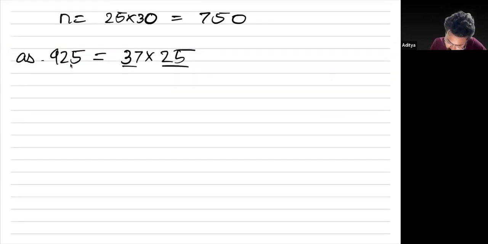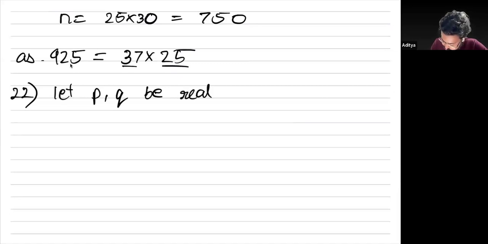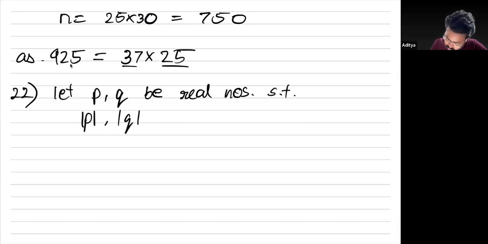Try the next question, 22. Let p, q be real numbers such that mod p less than 1, mod q less than 1.